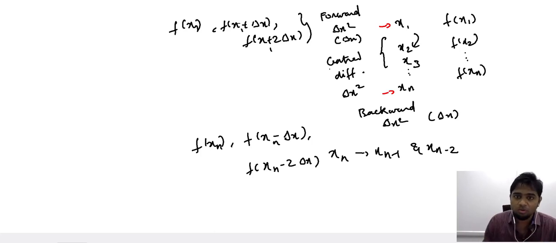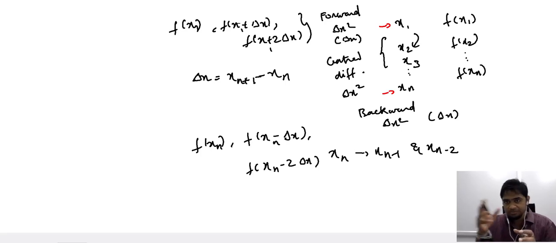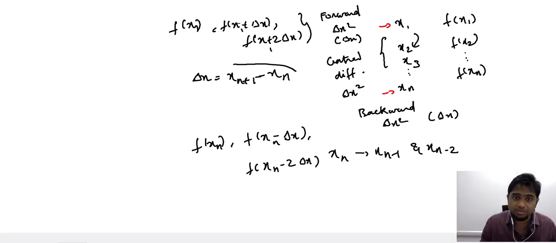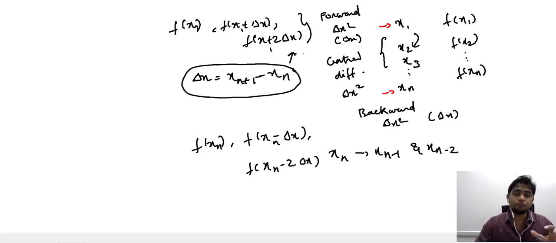In that case, what we essentially need to do is replace delta x with xn plus 1 minus xn. So all we need to consider is the subsequent point to that of the existing point and take its difference, then we would be able to estimate our delta x. Correspondingly the delta x can be replaced, and therefore it is not required that all these data points we are considering are separated by the same width.